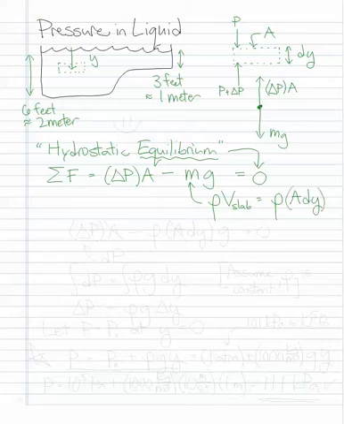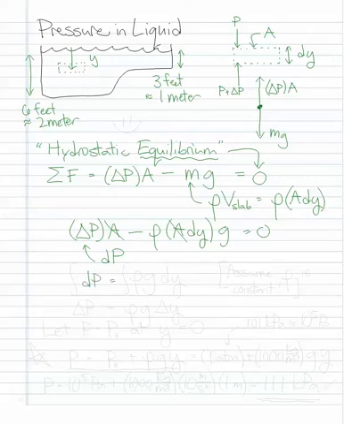So when I do that, I get the pressure differential times the area minus rho times the area times dy, oop, I forgot the g, times g, there we go, is equal to 0. And now I realize that for a differential slab, this becomes just a differential increase in pressure. The areas also cancel, and so what I'm left with is dP is equal to rho g dy.